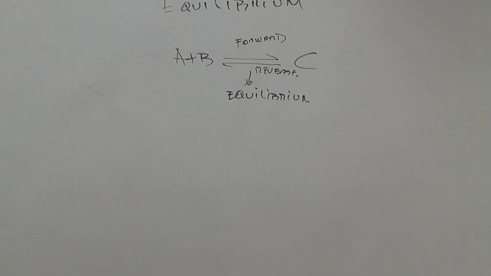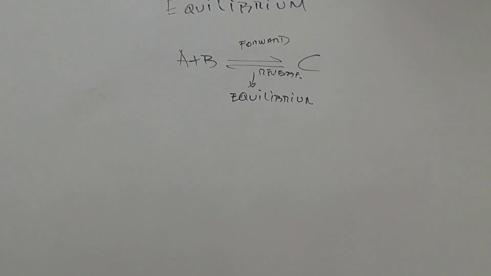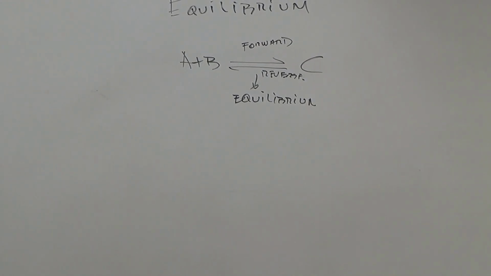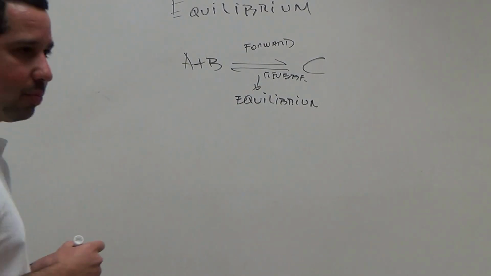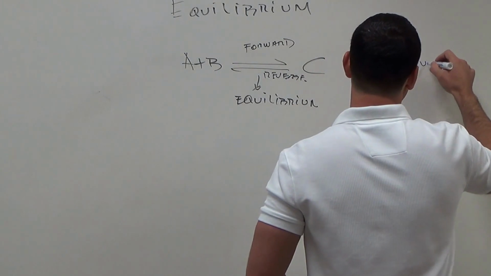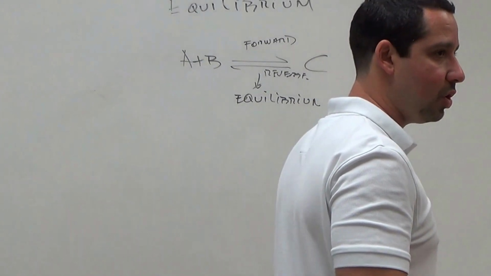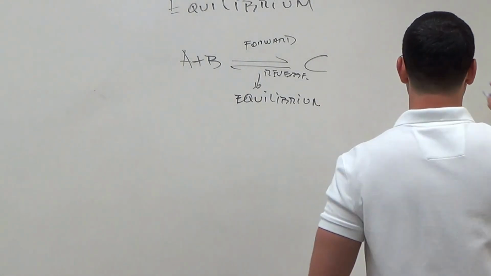So when you have an equilibrium reaction, does it ever stop? No, it never stops. It goes forward, but it goes reverse. So at what point is this equilibrium point? The equilibrium point is when the rate of the forward and the reverse process are equal to each other.